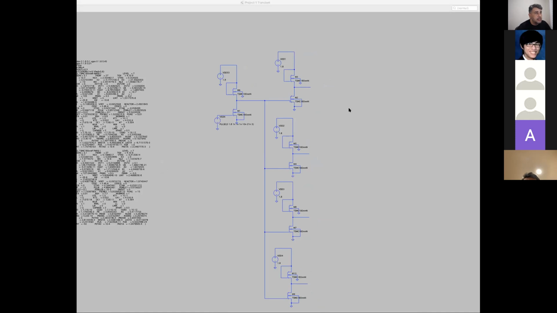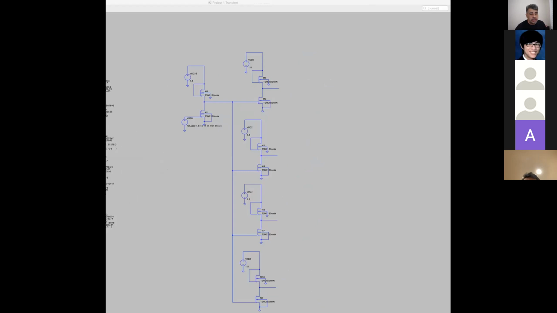Hold on, guys. What the heck? Give me a second, guys. Sorry. Are you guys still there? You guys are there, right? Yeah, we're here, we can see it. I'm trying to show you guys my waveform window, but it is absolutely failing.